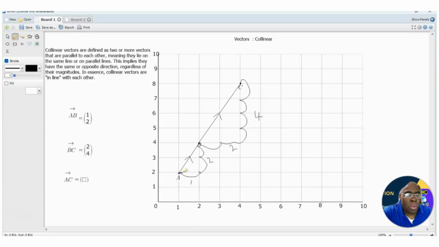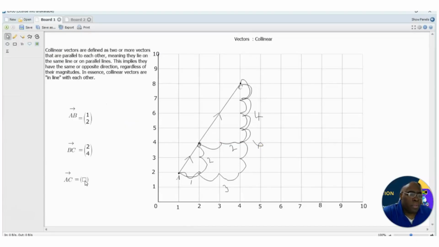So we have 1, 2, 3 on the x-axis, and then 1, 2, 3, 4, 5, 6 on the y-axis.